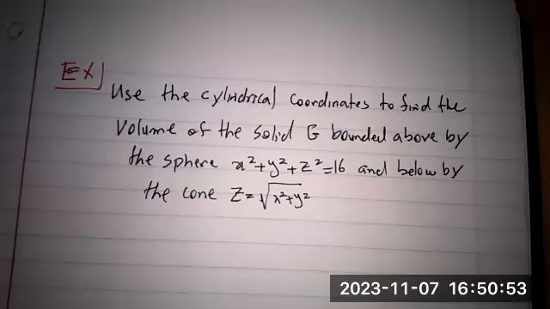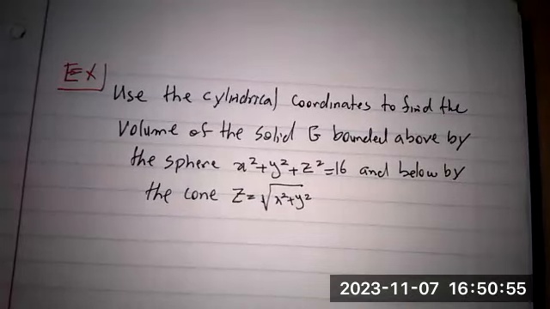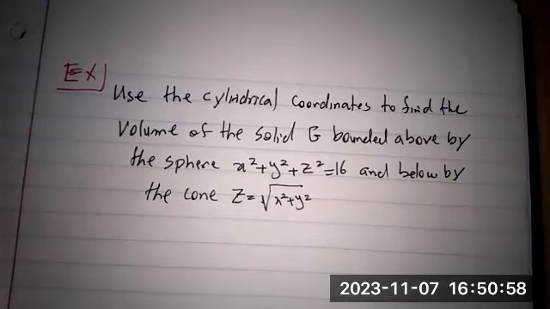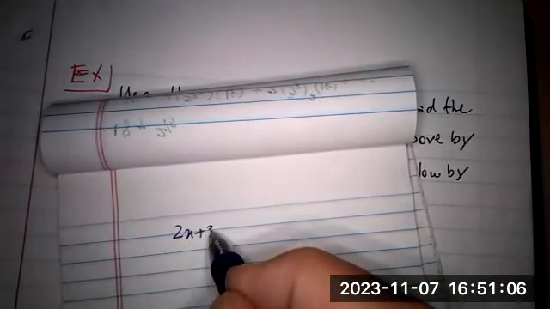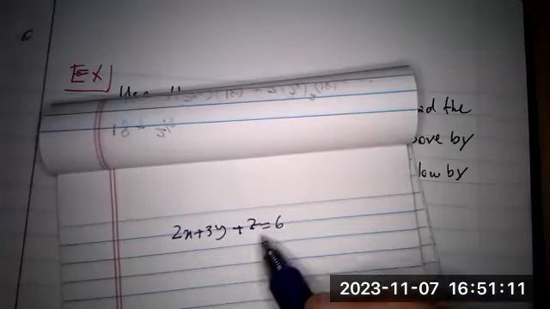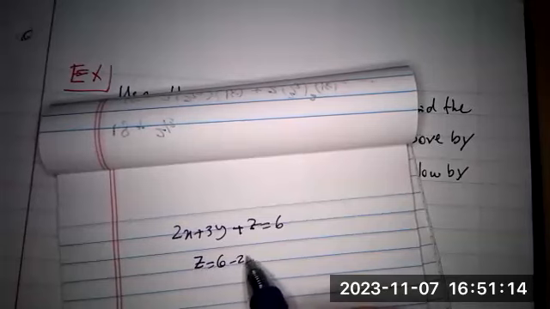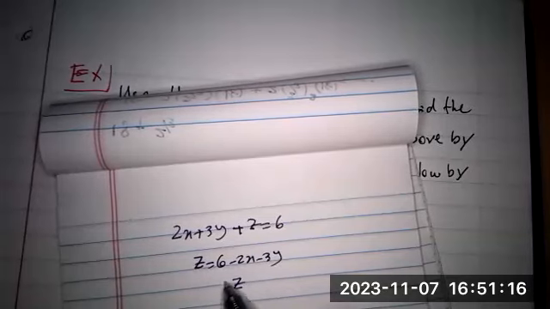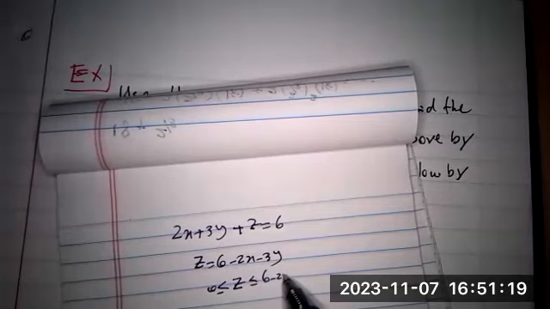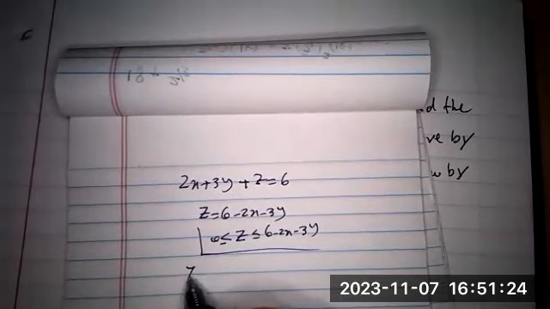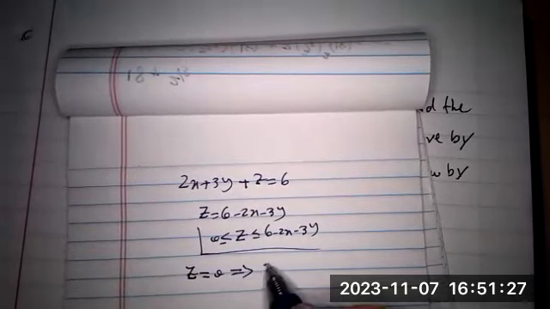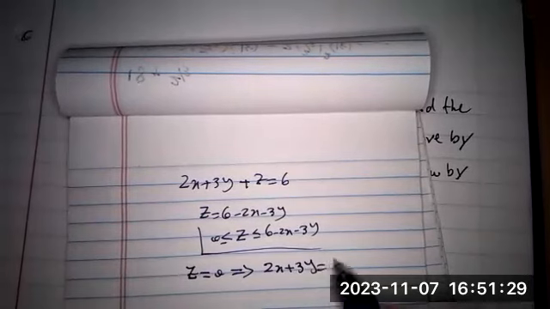I don't have the solution in front of me, but this is the usual practice. You have 2x plus 3y plus z equal to 6, so z is going to be 6 minus 2x minus 3y. You have to drop it down: z equal to 0 gives 2x plus 3y equal to 6.